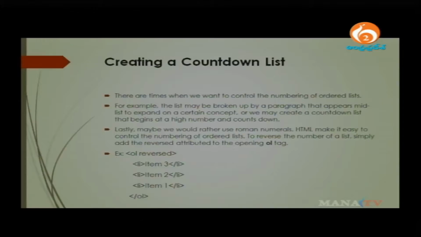So sometimes we may have to create a countdown list, that means it is like 5, 4, 3, 2, 1. Right from the higher point to the lower point we may have to count down. How can we do it with an ordered list? For an unordered list there is no point in counting down.